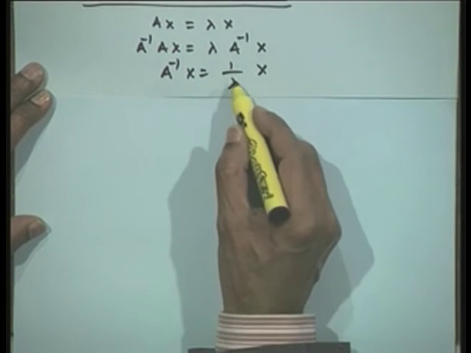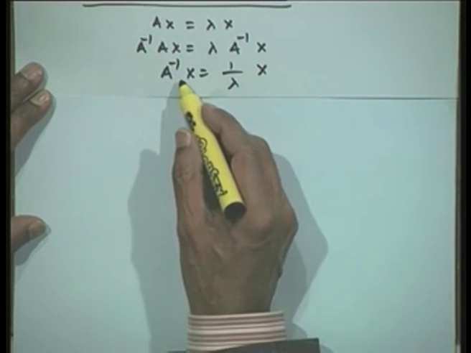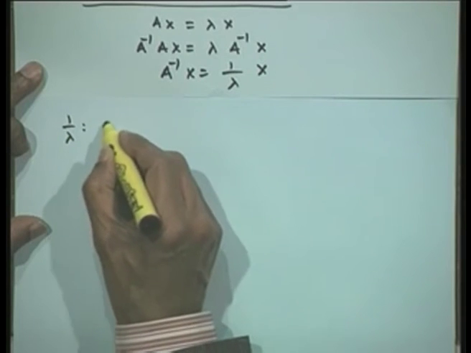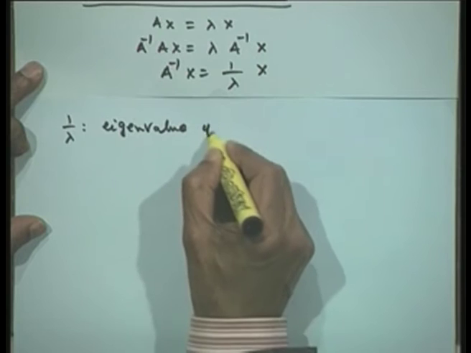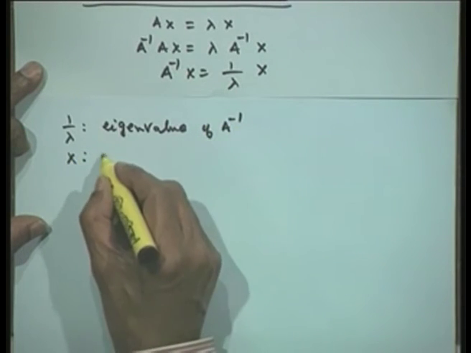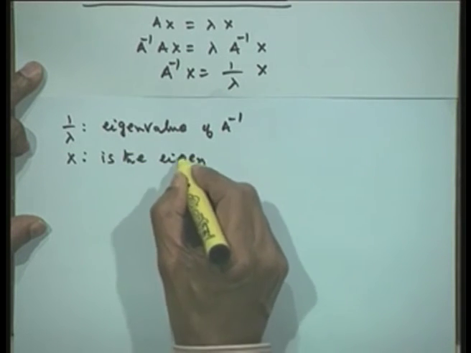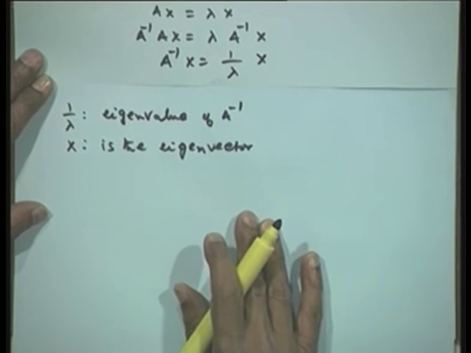Now, therefore, 1 upon lambda is the eigenvalue of A inverse and x, the eigenvector, is the same. Therefore, 1 upon lambda gives the eigenvalue of A inverse. x is again the eigenvector. The eigenvector has not changed, the eigenvector is the same.